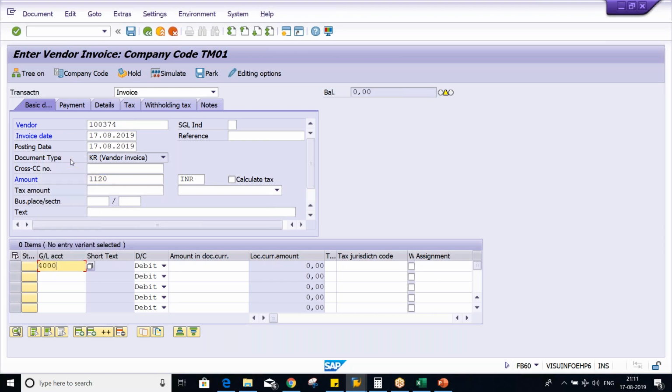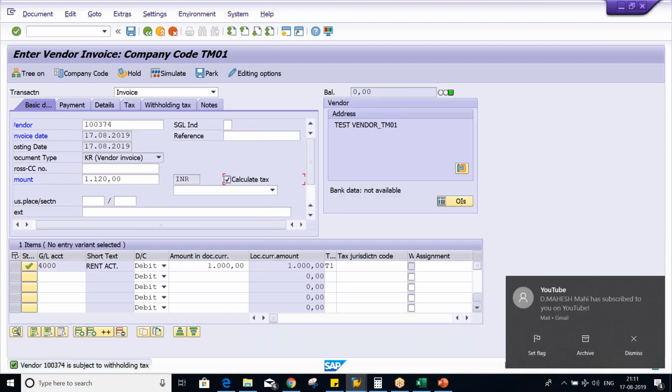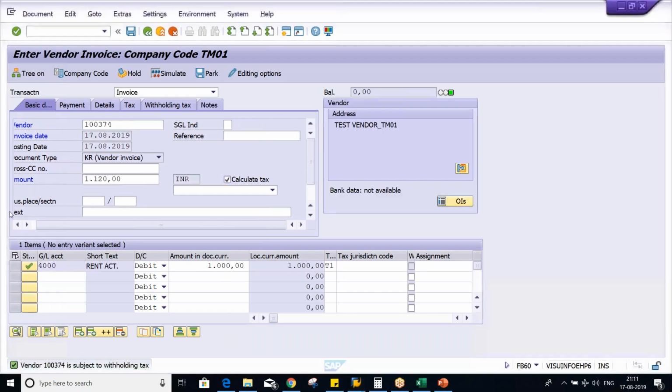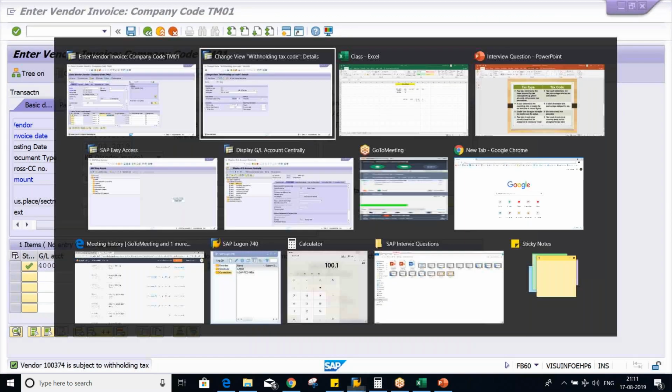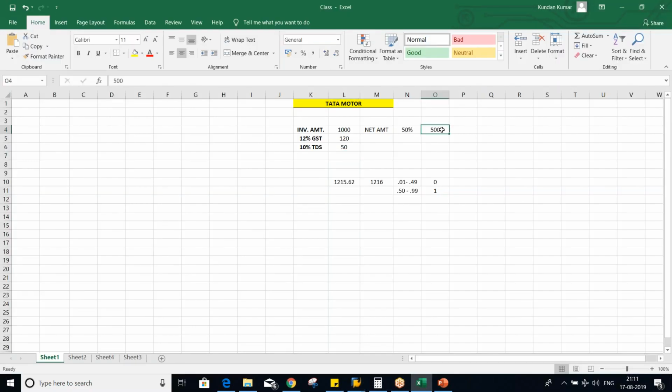Anyway, now if you talk about TDS calculation, then TDS is going to be calculated on this amount, but 50% of this amount. So what is the 50% of 1000, guys? It is 500 only. 50% of 1000 is 500 only.